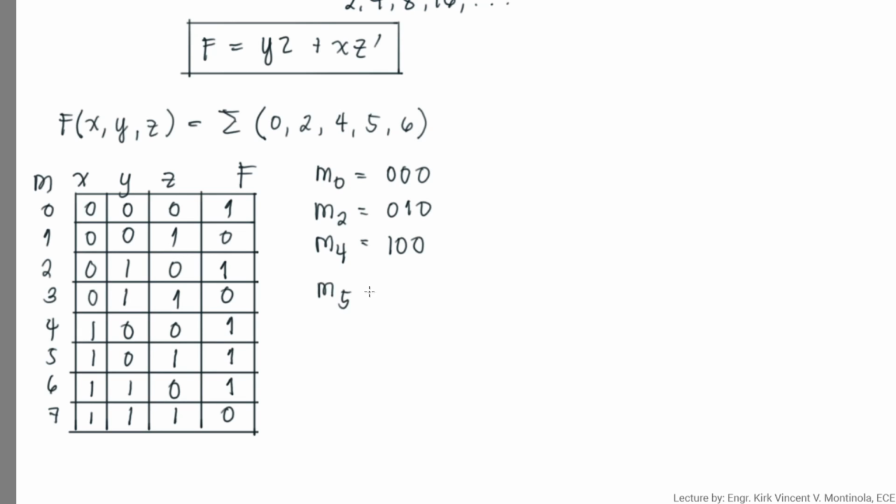We have M5 equals to, that is 1, 0, 1. And then we have for M6, we have here 1, 1, 0. Okay.